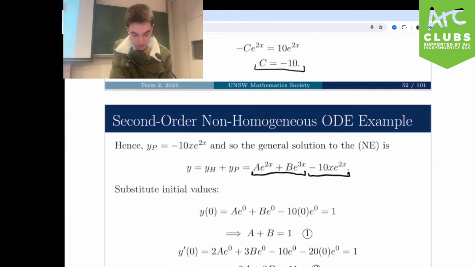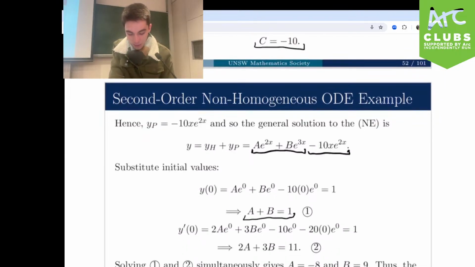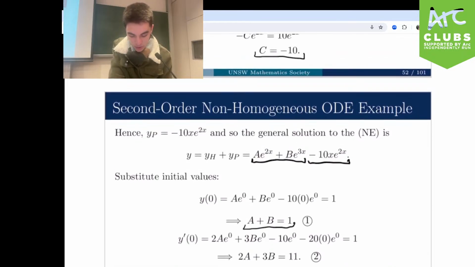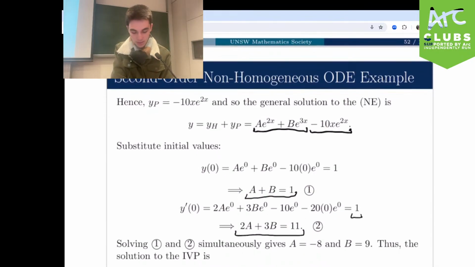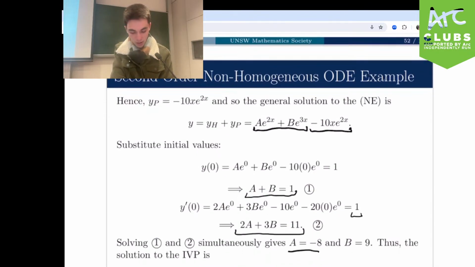The initial values in this case are that when x equals 0, y equals 1, so we get this equation, a plus b equals 1. And when x equals 0, the derivative of y also equals 1. So we arrive at this expression, right? And when we solve that simultaneously, we get these two coefficients, a being -8 and b being 9.